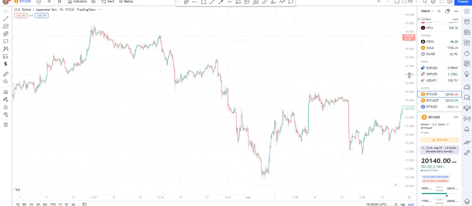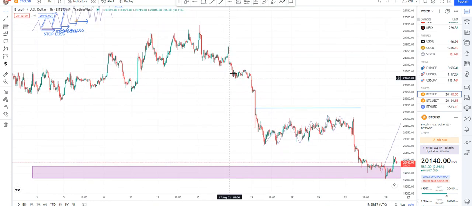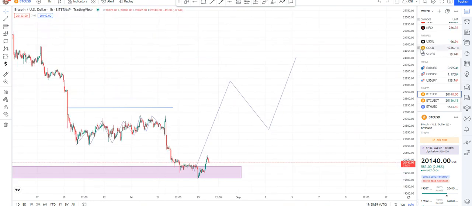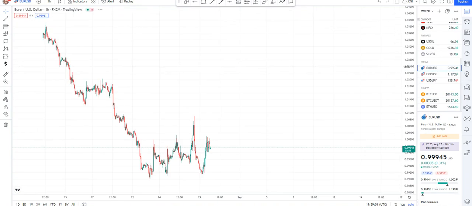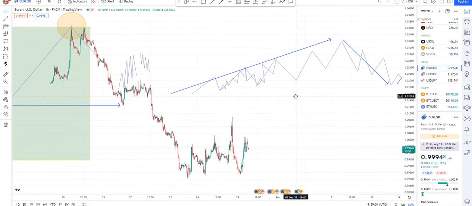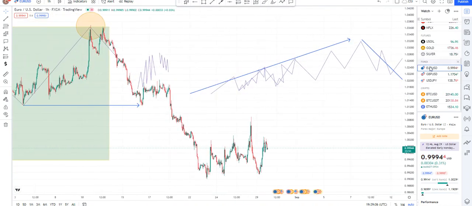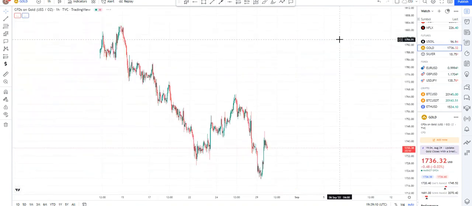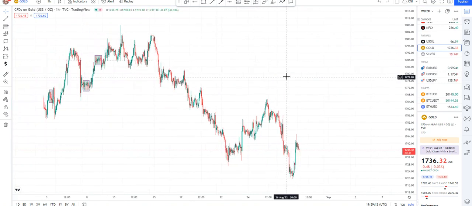BTC will basically move similar to Euro USD. Let me see gold. Still kind of similar.